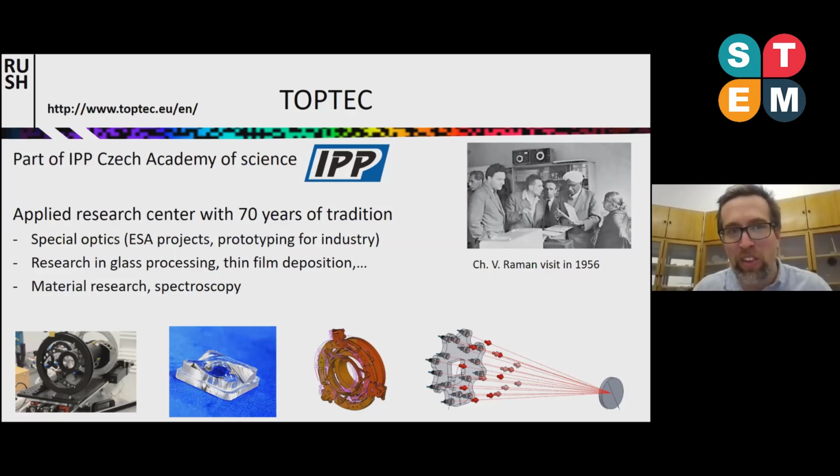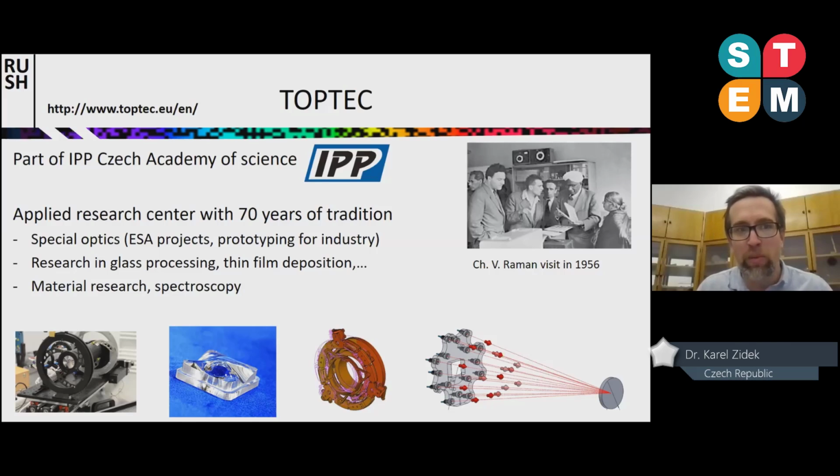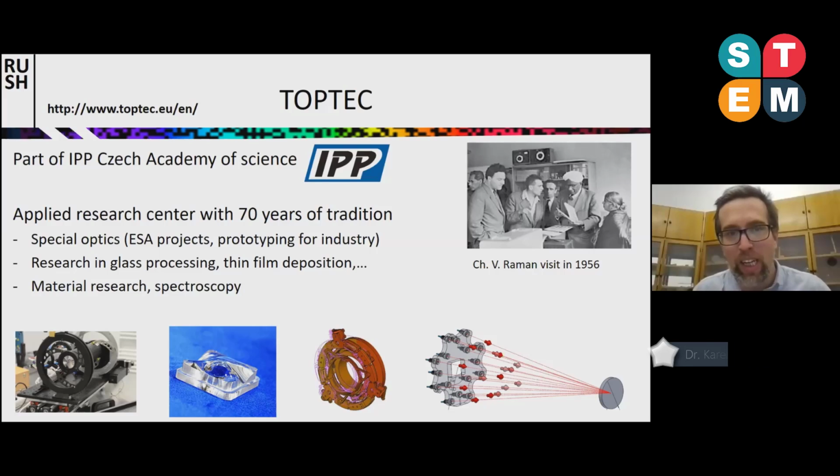So we are an Applied Research Center collaborating a lot with industry, producing special optics, working on space projects, prototyping for the laser industry. We do quite some research in glass processing, thin film deposition, and an important part is also material research and spectroscopy.